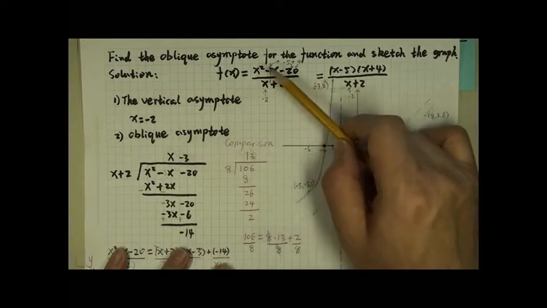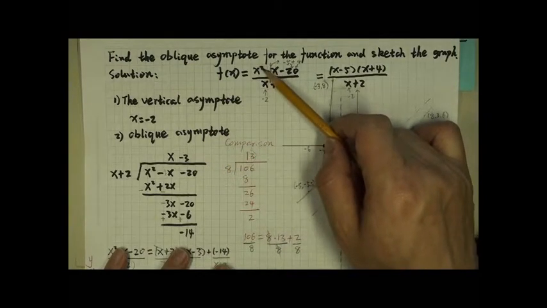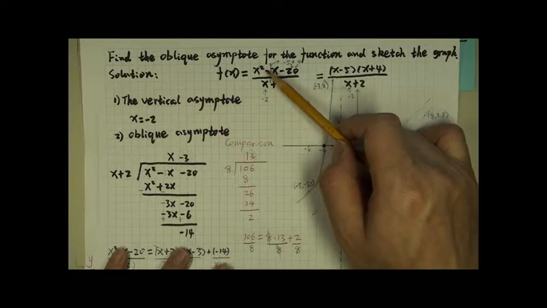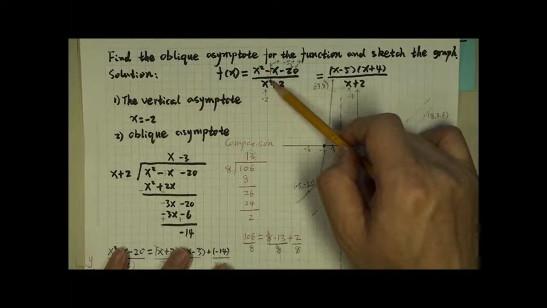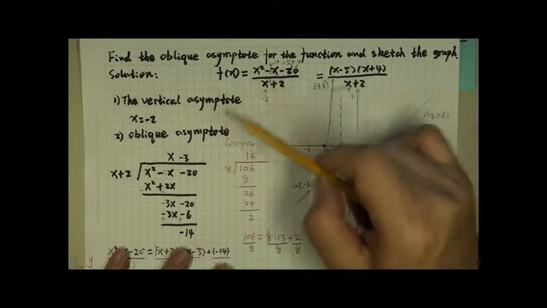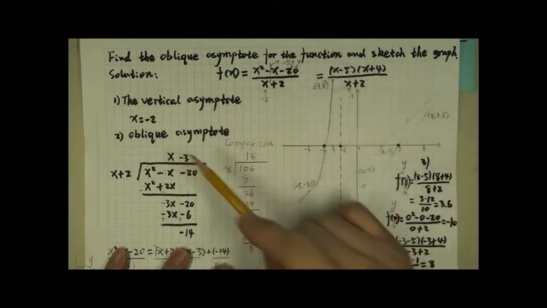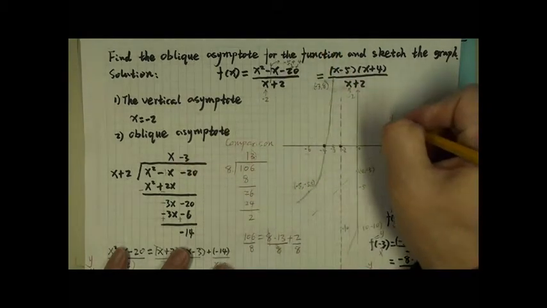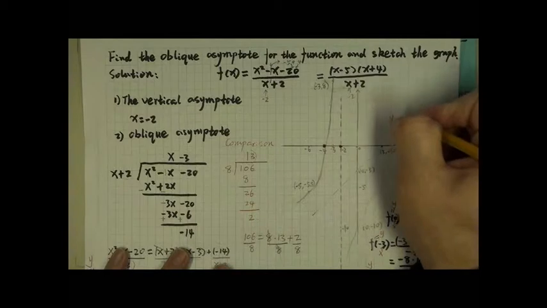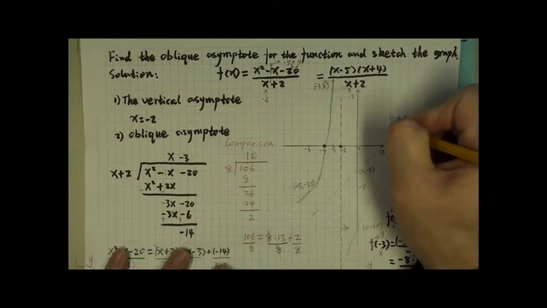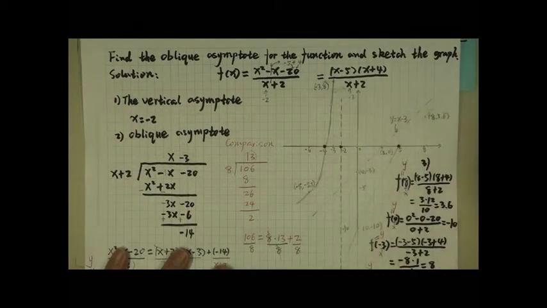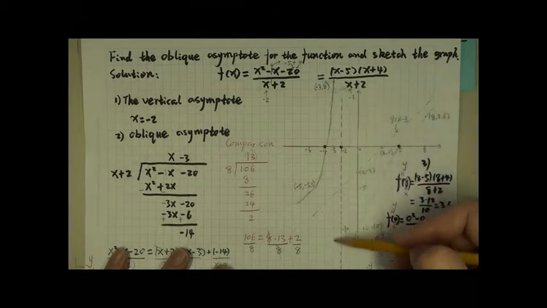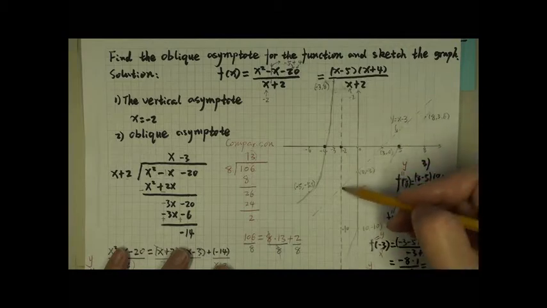We do not have a horizontal one in this case because the highest exponent of the numerator is greater than the highest degree of the denominator, one more than that. Here is 2, here is 1. By long division, this equation is y equals x minus 3 for this dotted line. That's the oblique asymptote. So you see the vertical one and the oblique one, they intersect here.